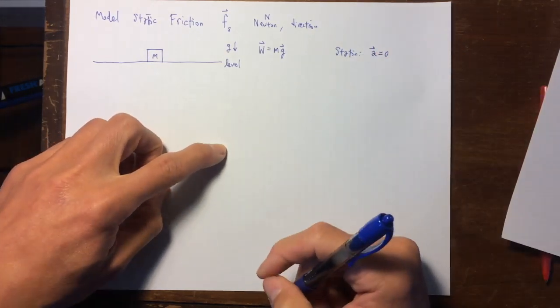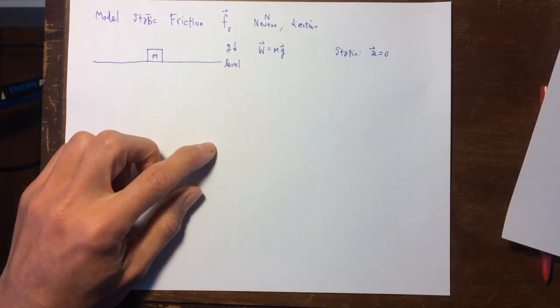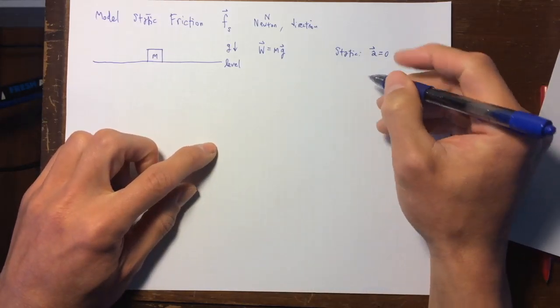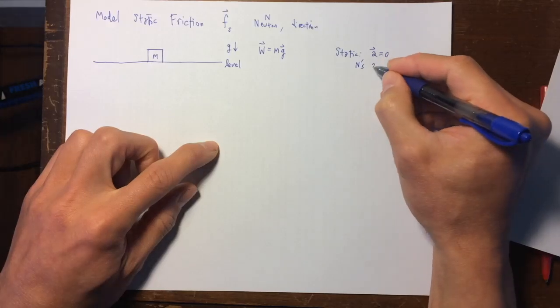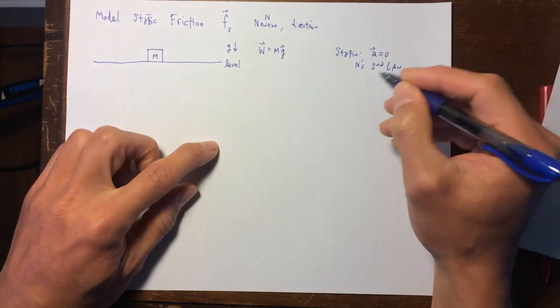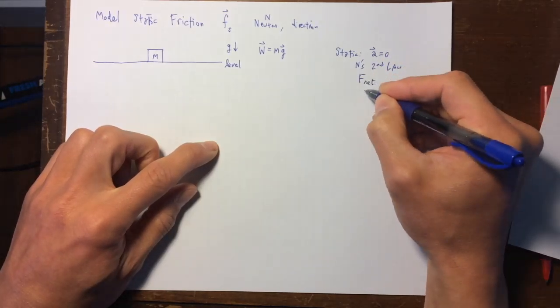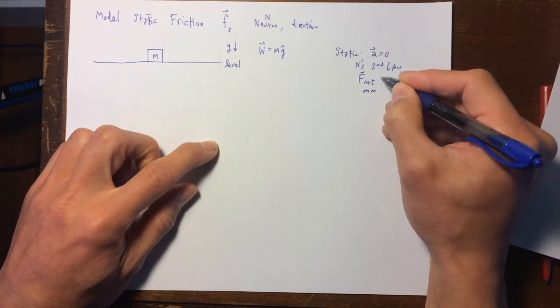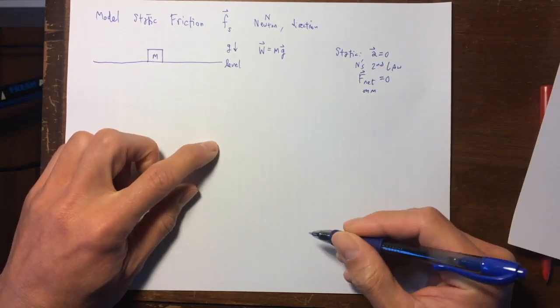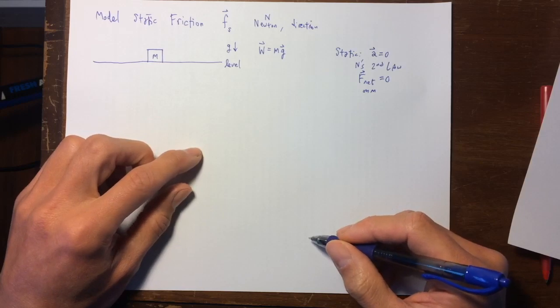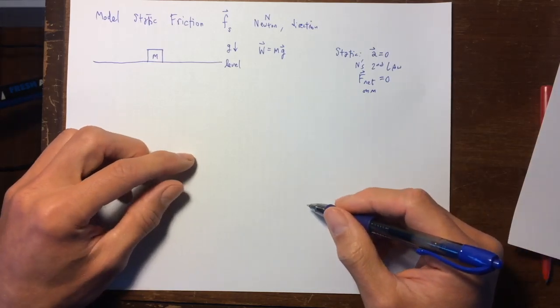That's what static means in this situation: no acceleration. And if it has no acceleration, by Newton's second law, the net force on M adds up to 0. Actually, Newton's first law as well.